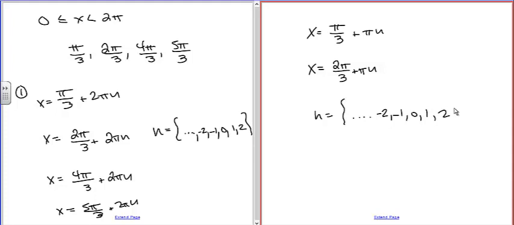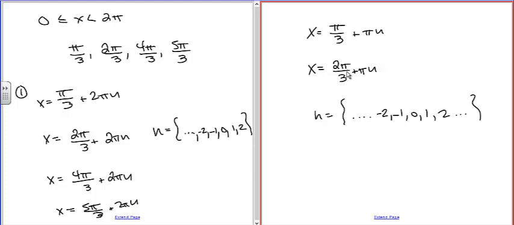Now to get the solutions between 0 and 2 pi, you'd have to use n equals 0 and n equals 1. If you put n equals 1, you get 4 pi over 3 and 5 pi over 3. This only happens with tangent, that you can write this abbreviated form.